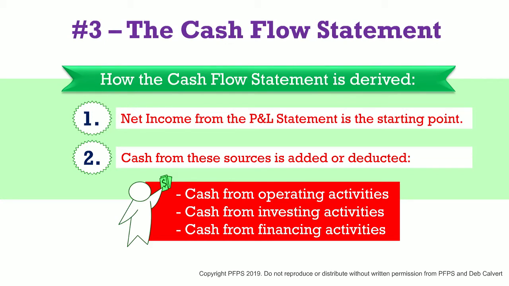The cash flow statement highlights the net increase and the decrease in total cash on hand for the accounting period. So for that week or month, how much cash is on hand?